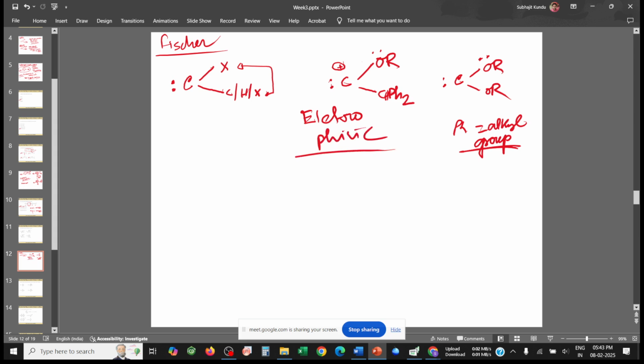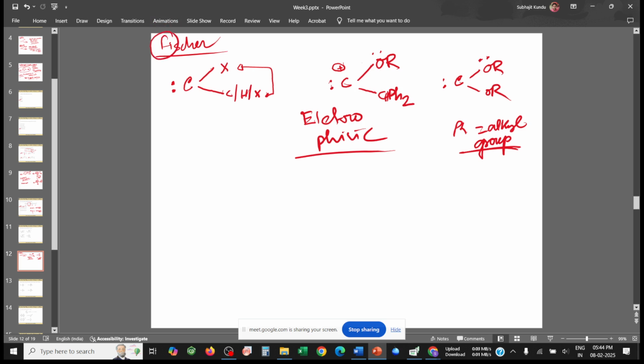If you want to remember which carbene is electrophilic and which is nucleophilic, from a layman's perspective, you can remember it this way. Fischer contains F, and electrophile contains E. So E and F are very close to each other: A, B, C, D, E, F. So Fischer, electrophilic.